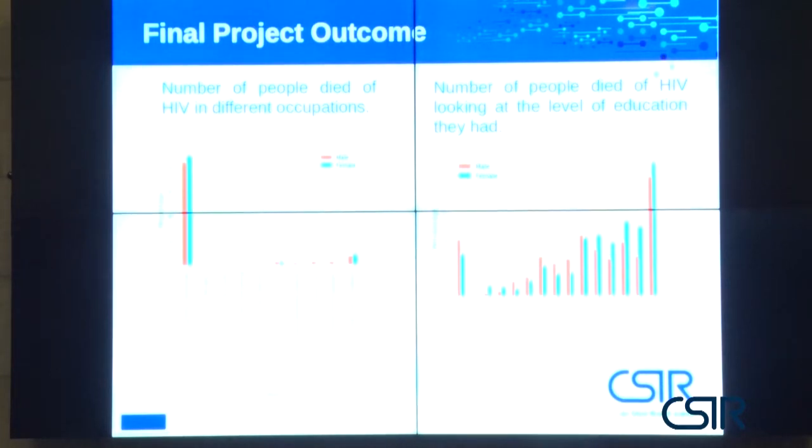Again, we looked at the level of education, and some of them were not identified, but from grade R going up, the number of deaths is increasing, which indicates that most of the people killed by HIV died with a university education. So from grade R to about grade 5, we can say there are those who were born with it, but then they couldn't survive it.